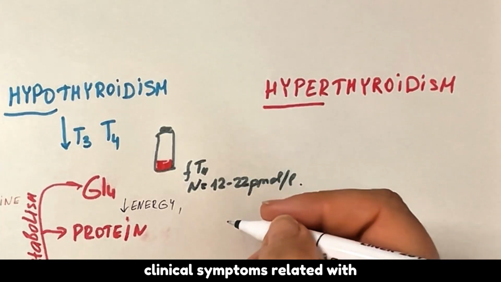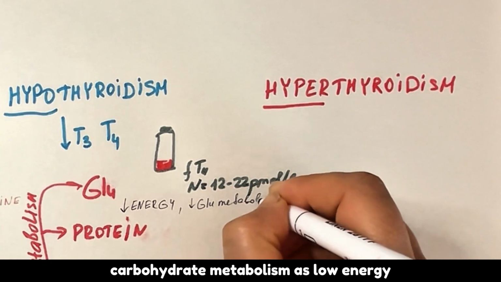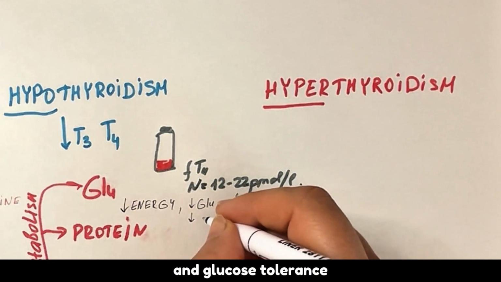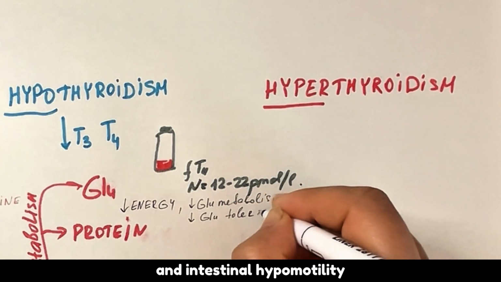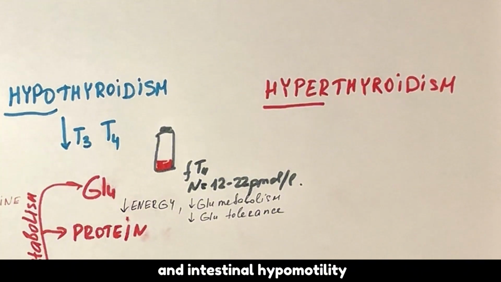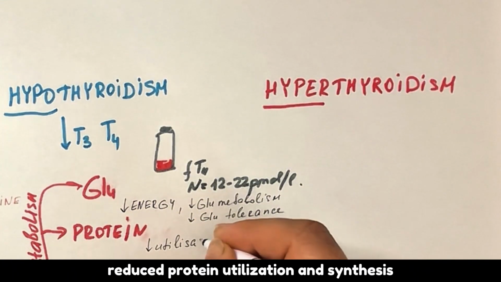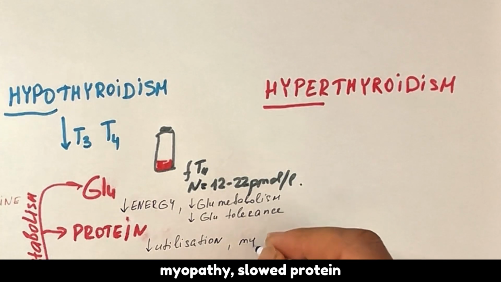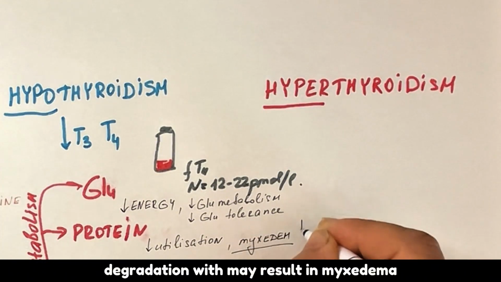Clinical symptoms related to carbohydrate metabolism are low energy, somnolence, decreased glucose metabolism and glucose tolerance, and constipation due to slow metabolism and intestinal hypomotility. Protein metabolism disorders are reduced protein utilization and synthesis, leading to muscle weakness, myopathy, and slowed protein degradation, which may result in myxedema.